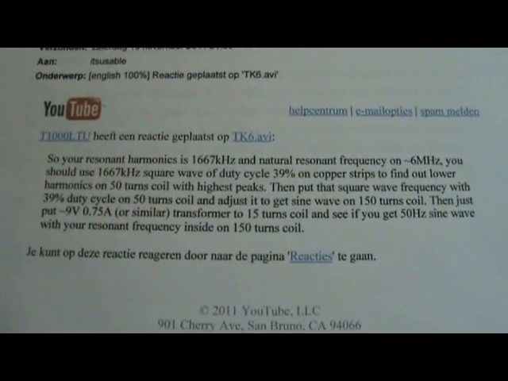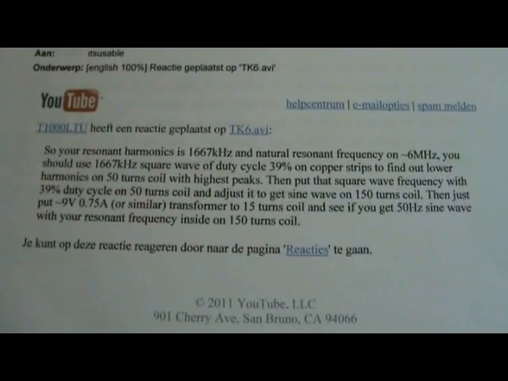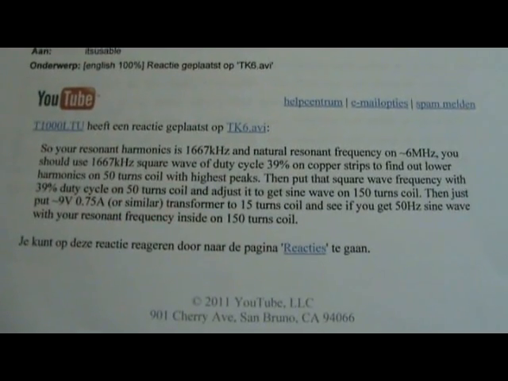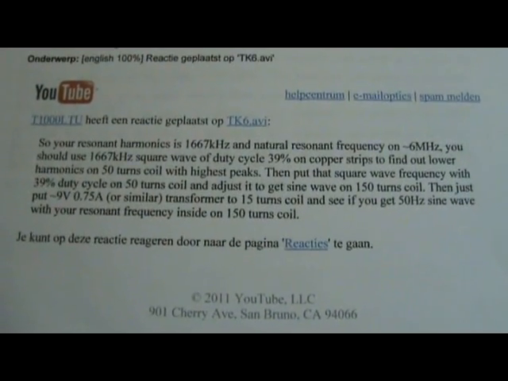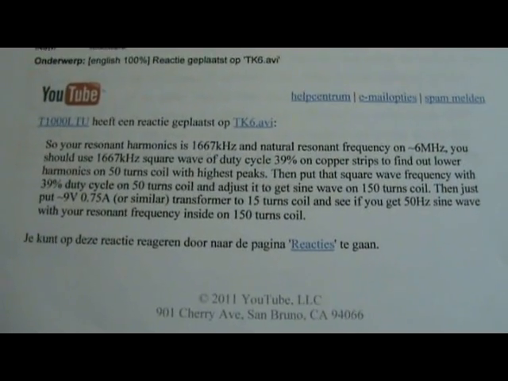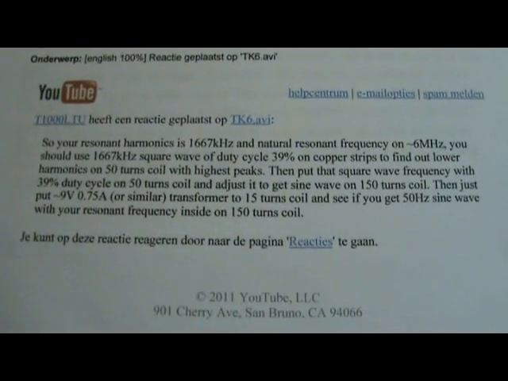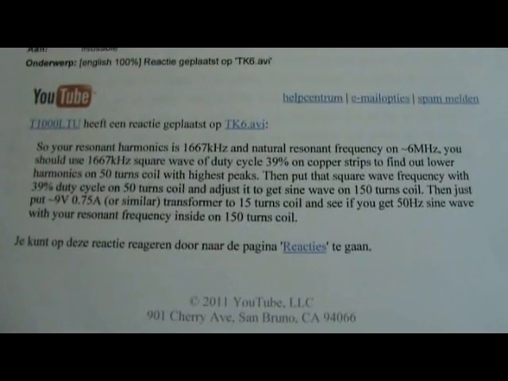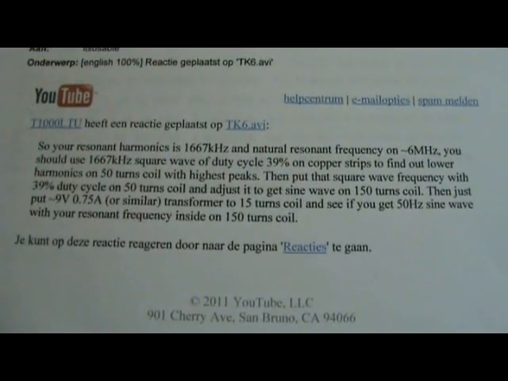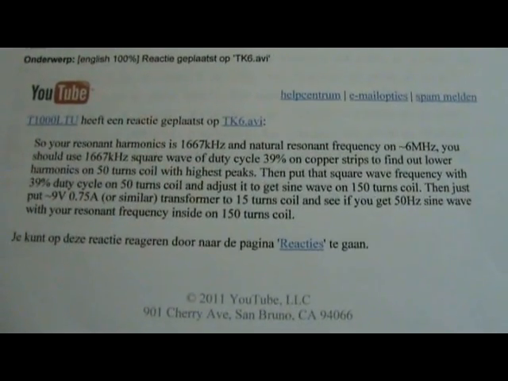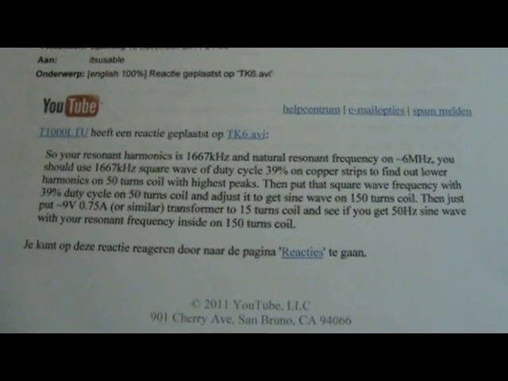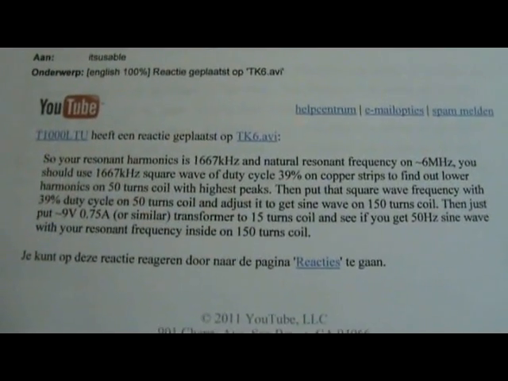I don't really agree with him, but I think that the 1667 kHz is the natural resonance frequency of the 1.5 turn coil, and has nothing to do with the resonance of the yoke of the ferrite. But I can give it a try.